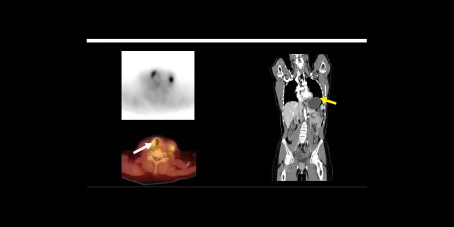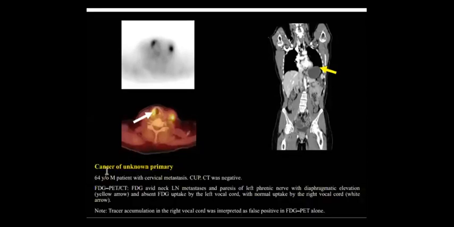So this one until now was an entity called cancer of unknown primary. He just has this cervical metastasis and he has this left nerve paralysis. Okay, is it clear? Do you like it in the exam? Do you like it in the MCQ?